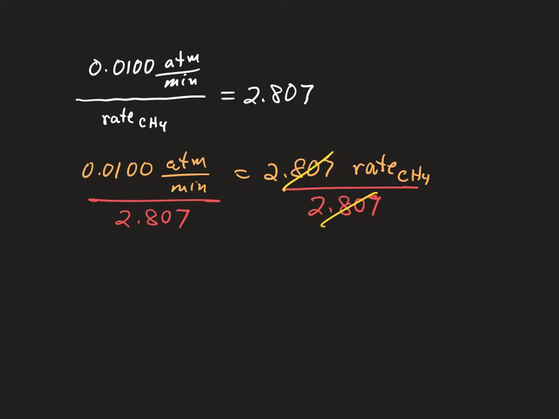We always have to be watching to make sure we've properly transcribed our numbers. So if we take that divided by the 2.807, you end up with 3.55 times 10 to the minus 3 atmospheres per minute equals the rate at which methane is effusing from the container under the same conditions.